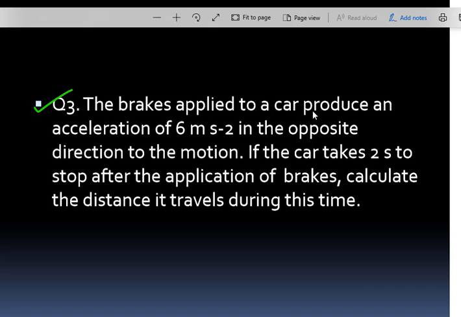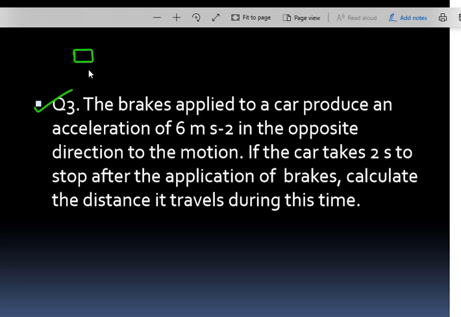The brakes applied to a car produce an acceleration of 6 meter per second square in the opposite direction to the motion. If the car takes 2 seconds to stop after the application of brake, calculate the distance travelled during this time. So here, suppose this is a car.